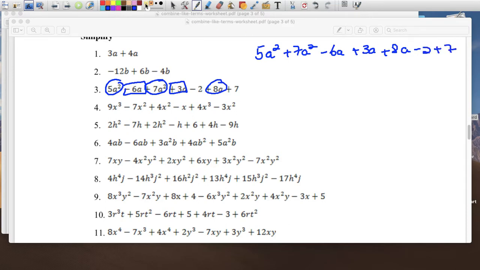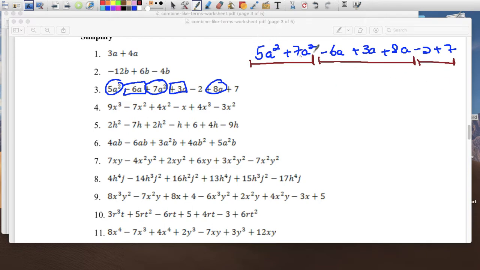So these two guys, I can combine together. Then it's going to start here and go all the way over here. I can put those three together, and then the minus 2 and plus 7. And that's what I'm going to do.